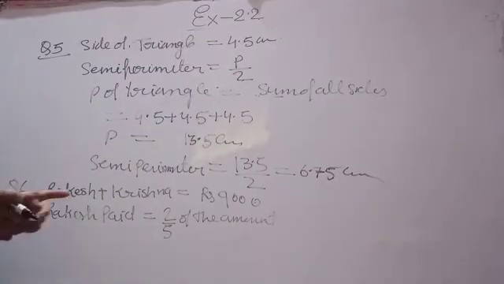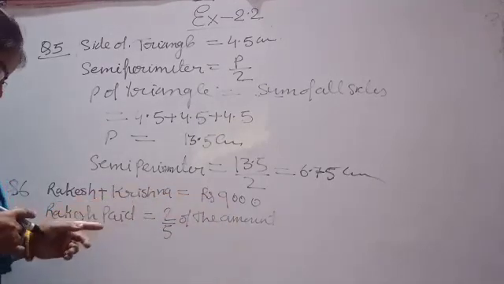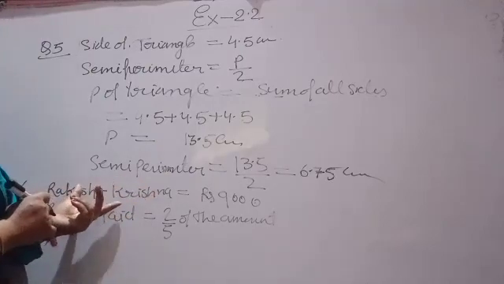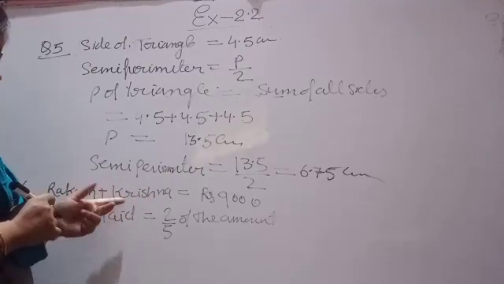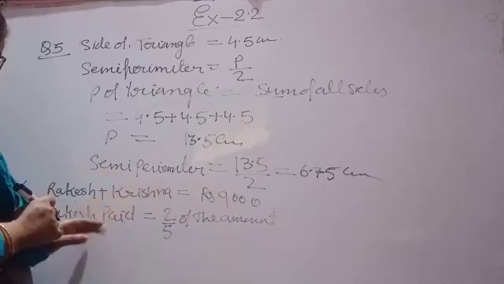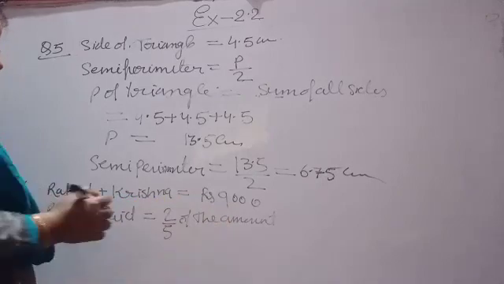See that now, Rakesh and Krishna paid rupees 9,000 to a charity. Both the partners have paid by collecting 9,000 to the charity. Rakesh paid 2/5 of the amount. And what is the amount?